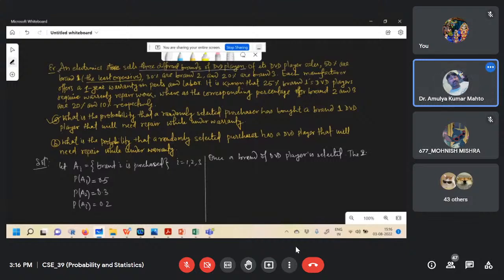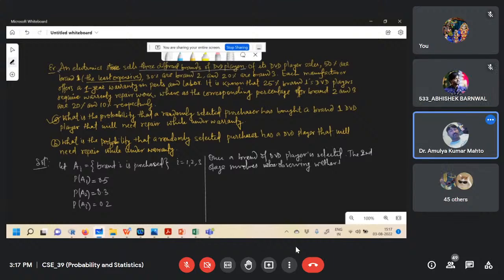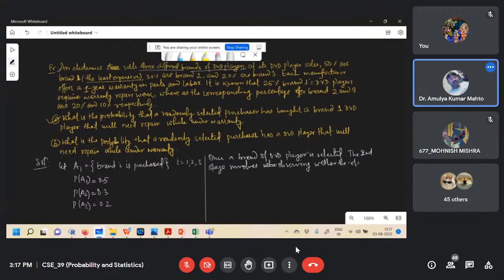The second stage involves observing whether the selected DVD player needs warranty repair.